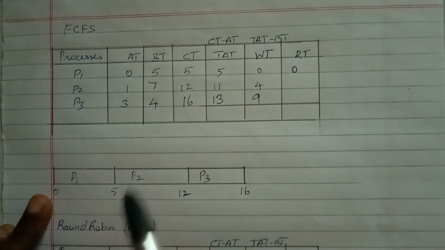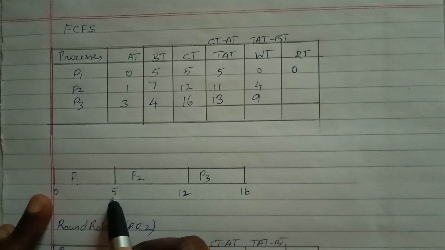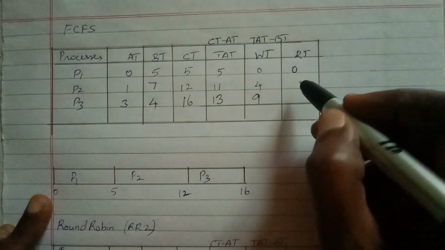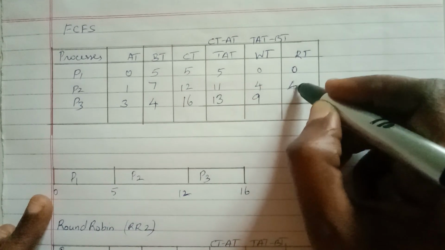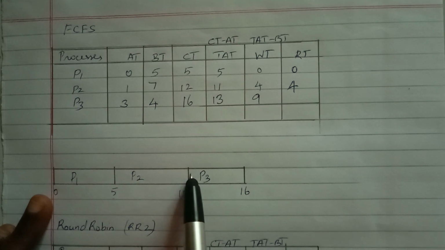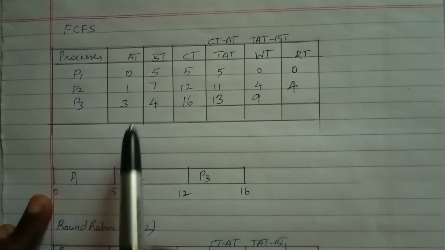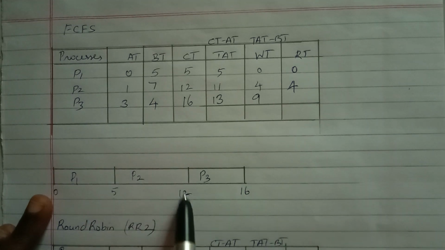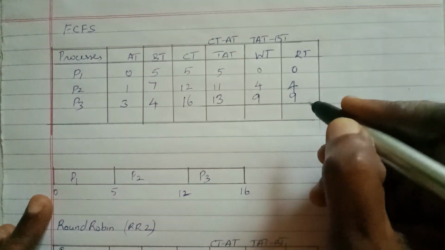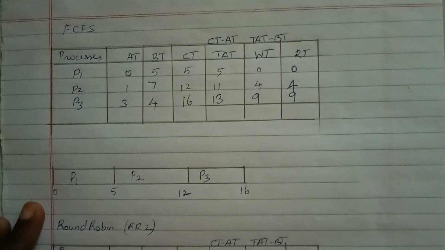For process P2, it first gets the CPU at 5 and its arrival time is 1, so 5 minus 1 is 4. For P3, it got the CPU at time 12 and its arrival time is 3, so 12 minus 3 is 9. This is how the response time is calculated.